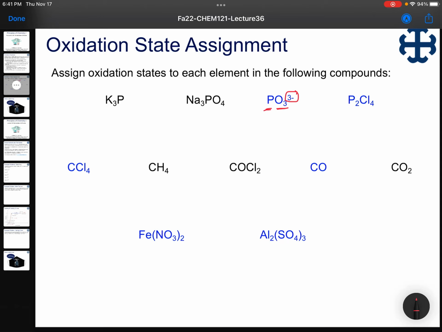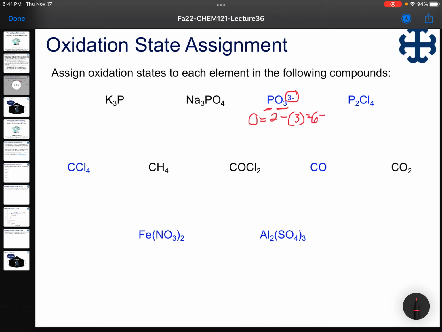Okay, so that's one of our rules. Then if we start assigning oxidation states to our individual elements, our rule says that oxygen should always be 2-, right? And so if oxygen is 2-, and we have 3 of them, that is a total of 6-, right?